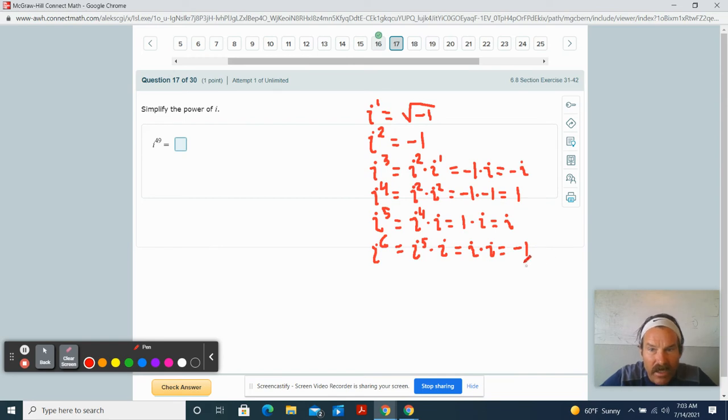So let's look at the odd exponents. I is equal to I, obviously. I cubed is equal to -I. I to the fifth is equal to I. What do you think I to the seventh is?